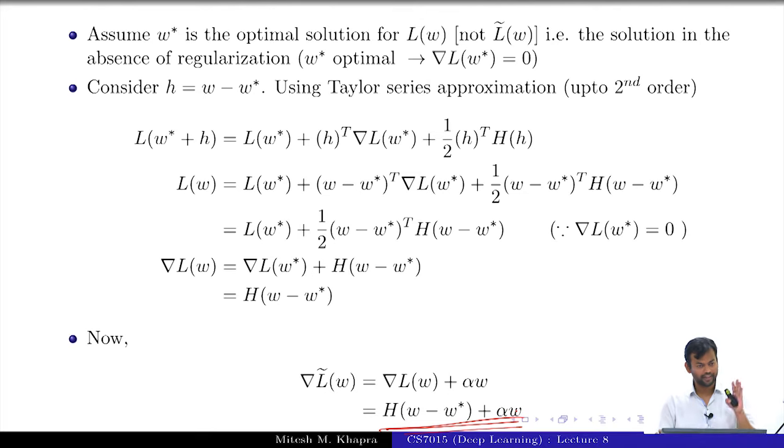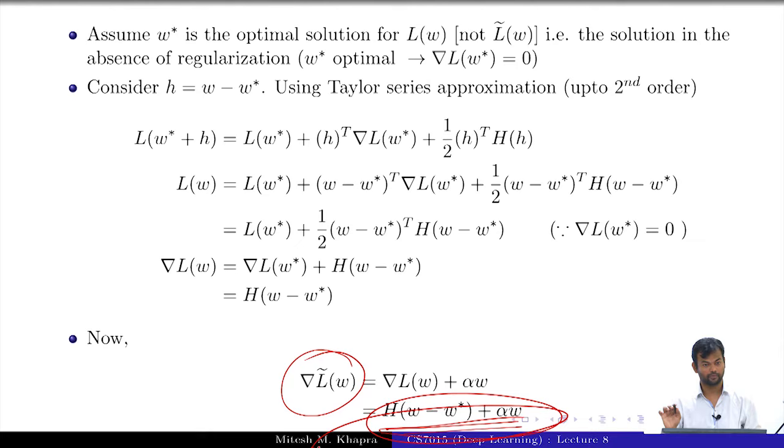Okay. So far everyone is clear on what I've derived so far. Why is not clear, but what is clear? What is being derived so far? I have said that the derivative of the loss function, or the regularized loss function, can be written as this quantity. Is that fine? Where W star is the optimal solution with respect to the unregularized loss function. And now what I'm interested in is the solution with respect to the regularized loss function.